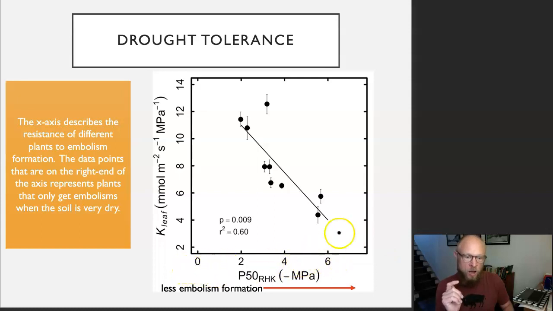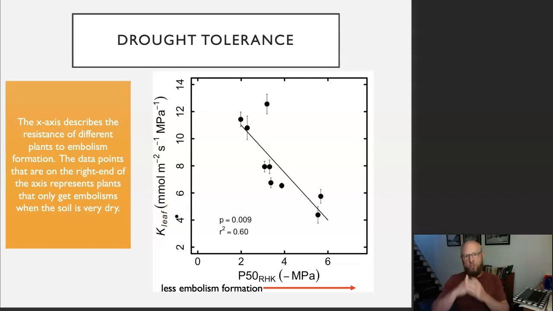Each one of these dots is a different plant. So this is a plant that does not easily get embolisms, meaning small or narrow pipes. These plants down here get embolisms very easily. They have large pipes. But you can see the plants with large pipes can conduct water really quickly. And then these plants with small pipes that are resistant to embolisms, they have low conductance, they can move less water and less easily.